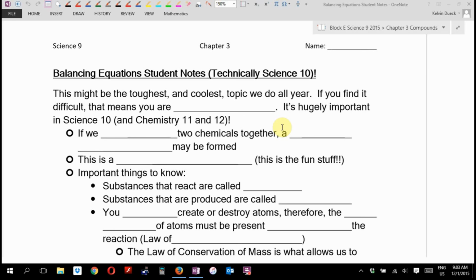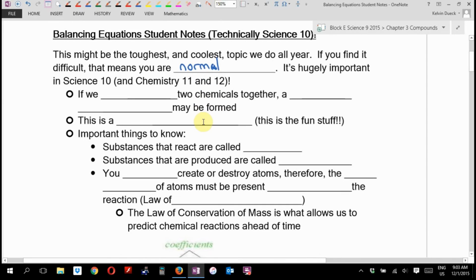All right. This may be the toughest and coolest topic that we do all year. If you find it difficult, it means you're normal. It's hugely important in Science 10 and Chem 11 and 12 if you take that. So, let's start out with our setup.